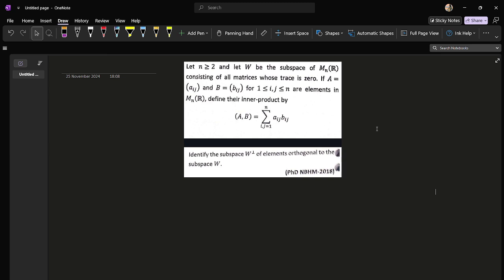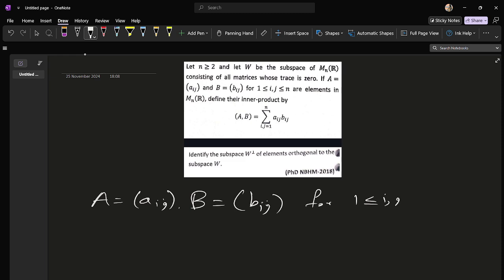Okay, so now if A is equal to [a_ij] and B is equal to [b_ij], for i and j running from 1 to n, our elements in M_n(R) define their inner product by the inner product of A, B equal to the sum over i, j from 1 to n of a_ij b_ij.